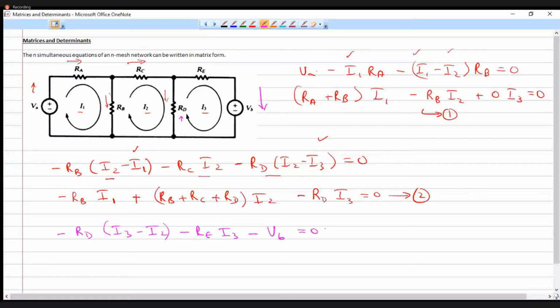Here I made one mistake. There is one VA here. I skipped that VA. Nobody informed me. So this should be equal to VA on the right hand side. Here VB is also there. So how can I write in that form? Here there is nothing for I1, so I put 0 times I1. For I2, I have plus RD.